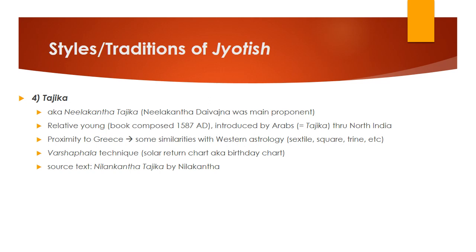So when your sun gets back to exactly the same degree and minute of when you were born, that will give you a chart for the upcoming year. So it's almost like a birthday chart that you can do. And the technique of that is entirely Tajika. There is a source text for this tradition as well. It's called the Nilakantha Tajika, and it's by Nilakantha. So that's the fourth one.